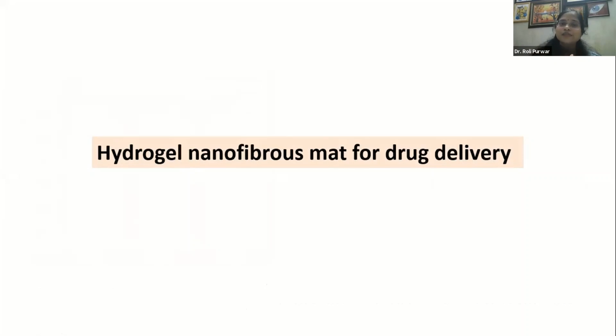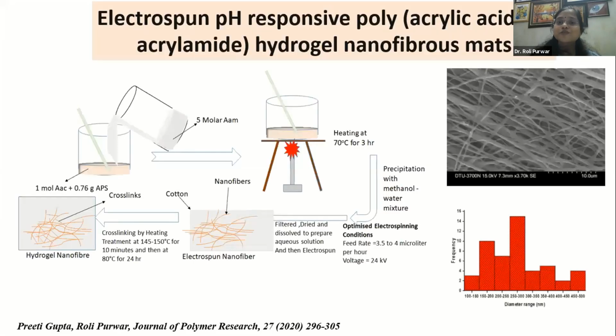So we wanted to develop a nanofibrous structure which has strength and also has the properties of a hydrogel, which can easily deliver the drug. Here we have developed an electrospun pH-responsive hydrogel nanofibrous mat using the electrospinning technique, and these are the pictures of the electrospun fibers.